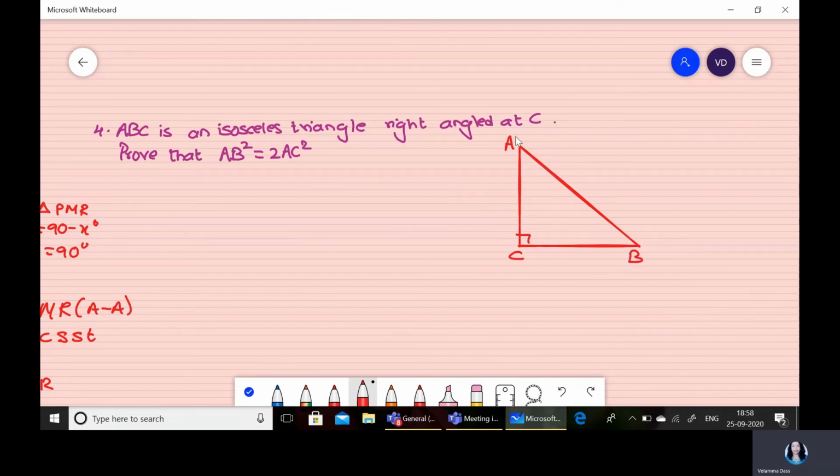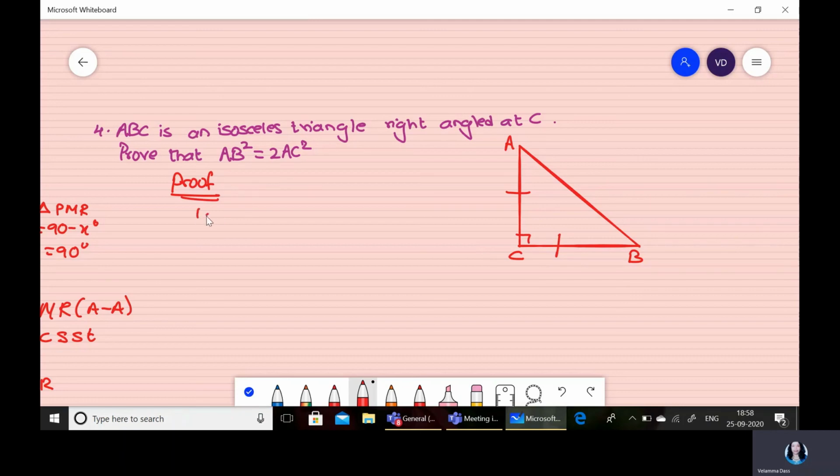Now see students, triangle ABC is an isosceles triangle, right angled at C. It is understood that if it is right angled at C, then AC and BC are equal. When you write the proof, it's a right angle triangle, and right angle triangle means Pythagoras theorem, first thing.